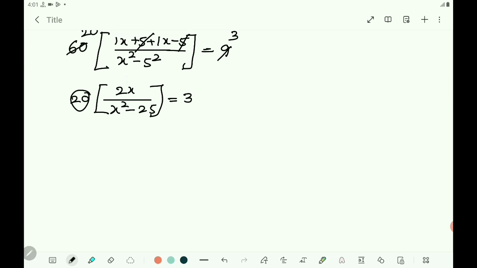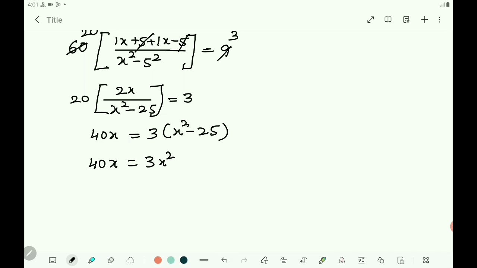Then multiply, 20 into 2x is 40x equals 3 into x square minus 25. Then 40x equals, multiply it, 3x square minus 3 into 25 is 75, minus 75.